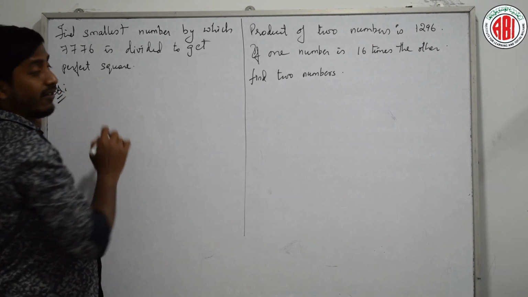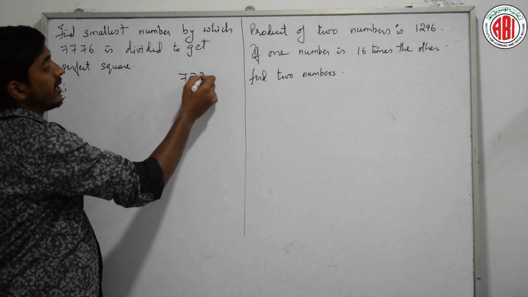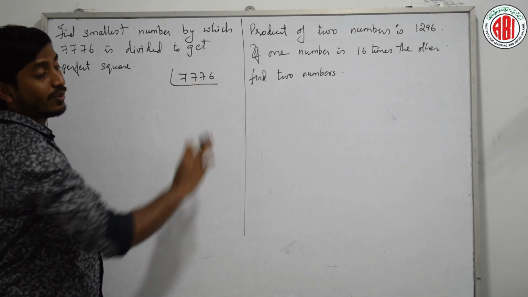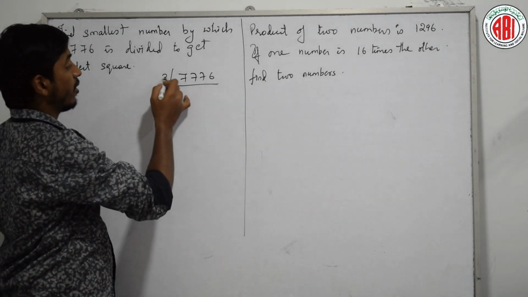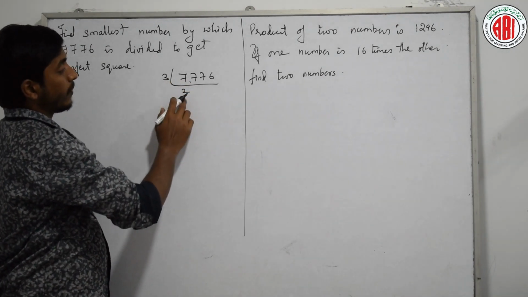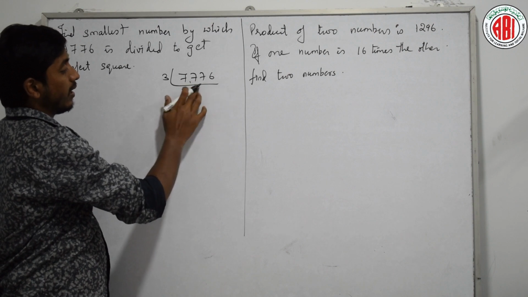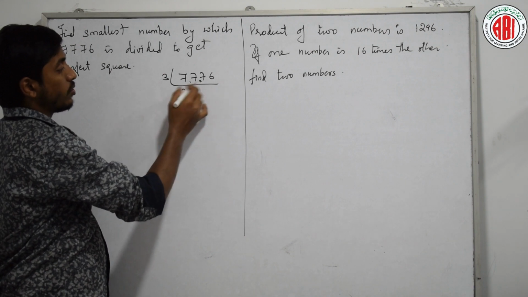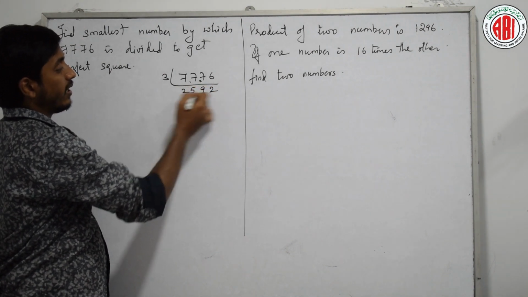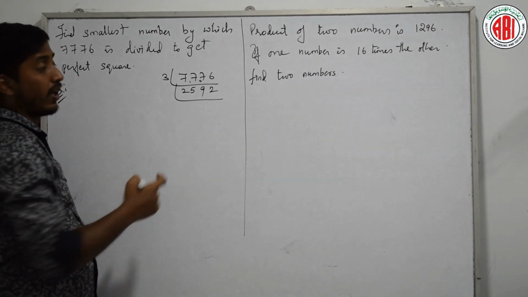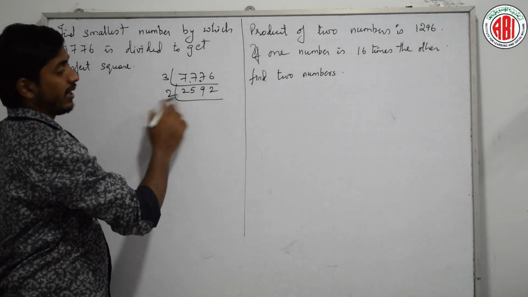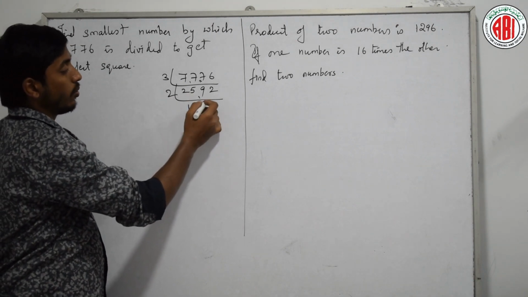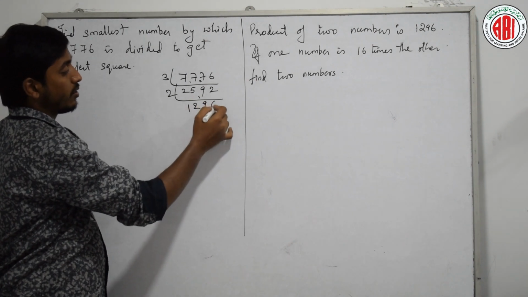7776. Shall we do it? In which table does it go? 21 plus 6 is 27. It is divisible by the 3 table. Therefore, 3 2s are 6, and the next one is 3. The next, 3 5s are 15, 2 is left. 3 9s are 27, and 3 2s are 6. Which table does it go to? Again, let us take the 2 table. 2 1s are 2, 2 2s are 4, 2 9s are 18, 2 6s are 12.